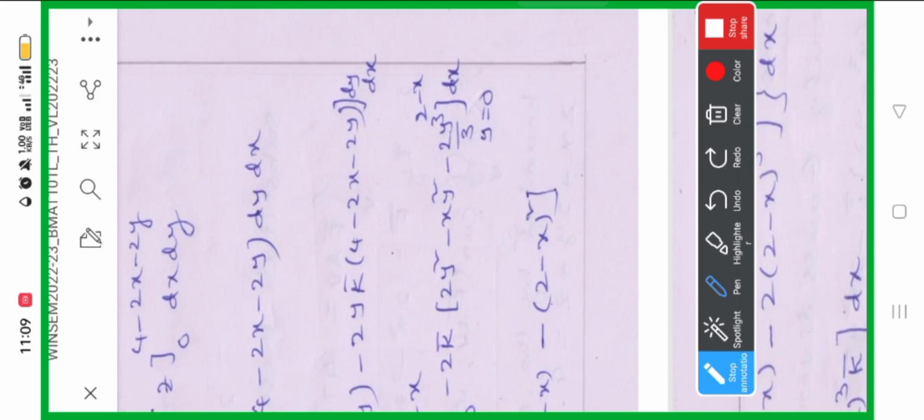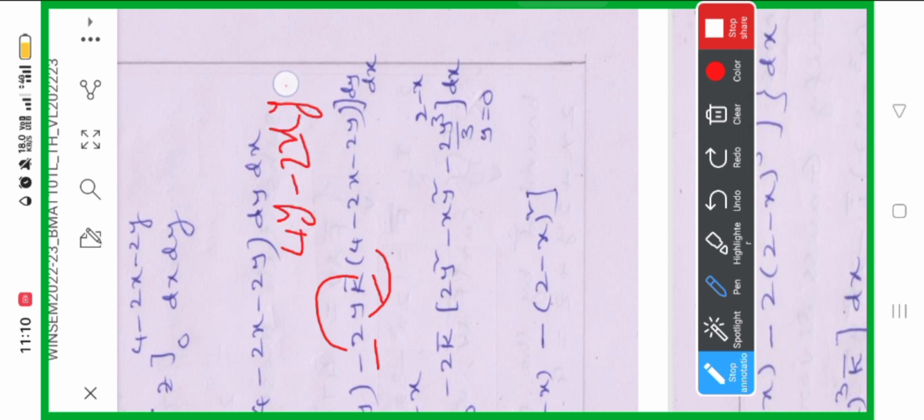First of all we have to keep only the minus 2k here. Send this y inside first of all. It becomes 4y minus 2xy minus 2y square. Then we have to integrate.